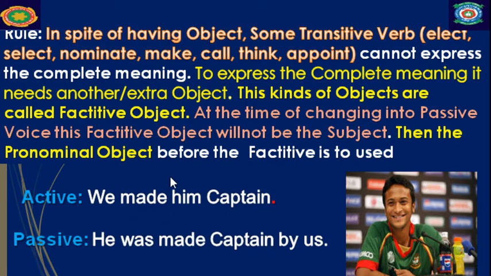We made him captain. But we should not pick up captain as the subject in passive form. You should pick up him, that is after the verb. Him: he was made captain by us.